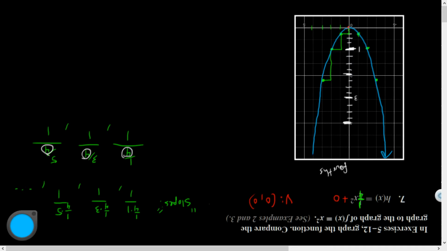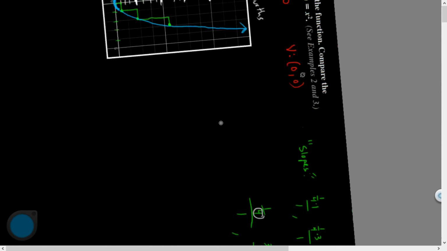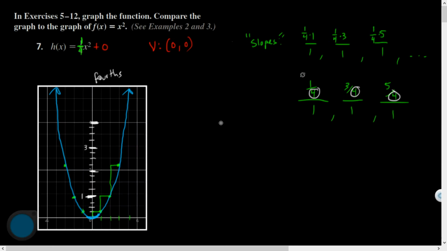Technically it doesn't come to a sharp point. It's a curve there. But the points are what matter to me more than your ability to draw a curve or to rotate a canvas effectively. So there's our parabola. It's a little bit tricky because of these fourths.